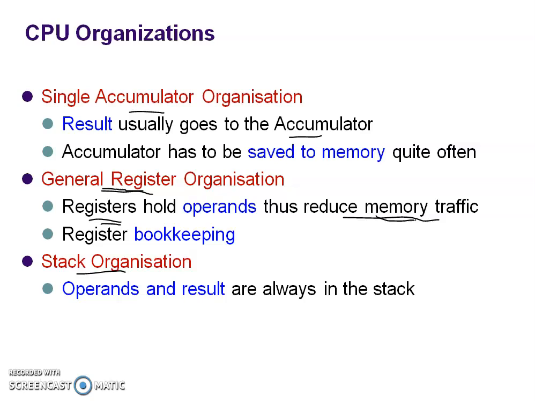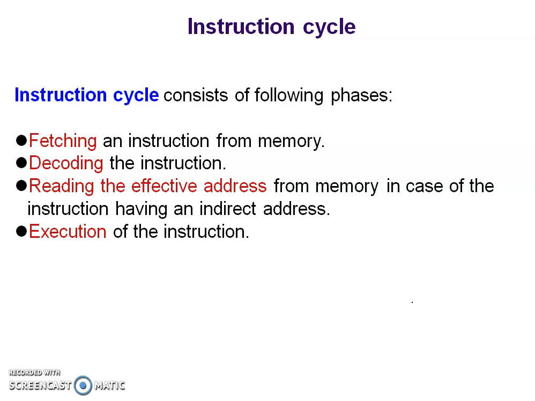Then stack organization: the operands and result are always stored in the stack. It makes use of the stack operations in order to store the operands and the result. So these are the organizations followed in the CPU: single accumulator organization, general register organization, and stack organization.